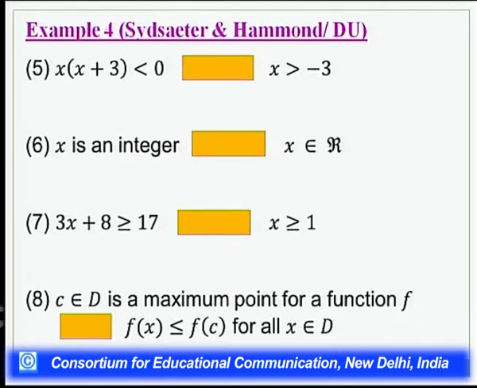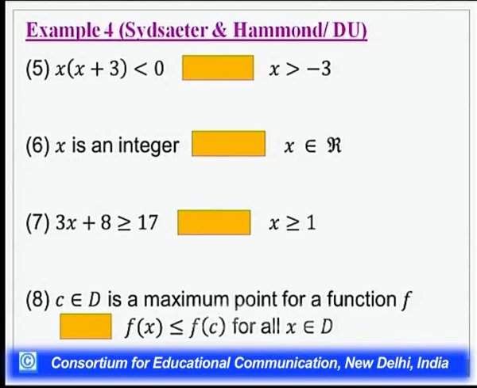In the next statement we have x times x plus 3 is less than 0 on the left hand side, and x is greater than minus 3 on the right hand side. If we solve the left hand side inequality, you'll see that x lies between minus 3 and 0, and in this case that's a smaller set as compared to x greater than minus 3.